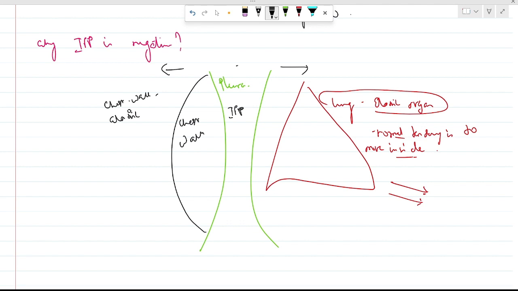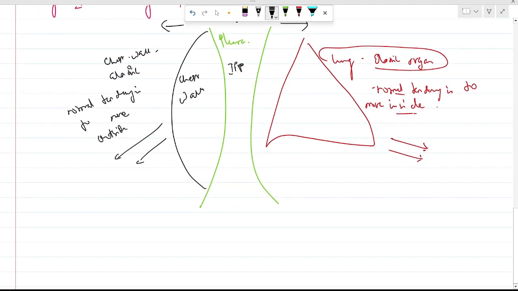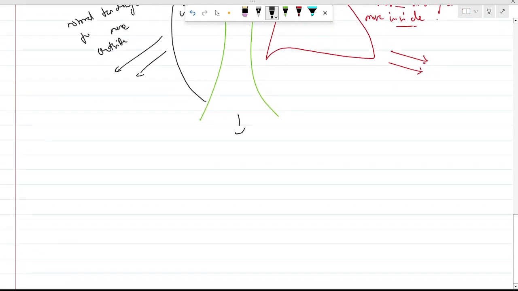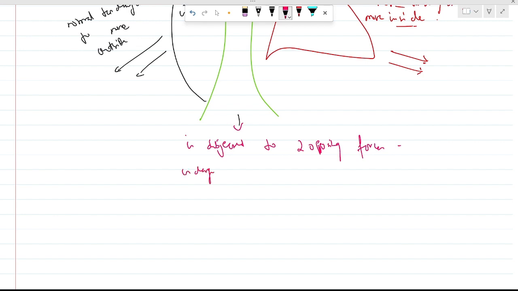Like the lungs, the chest wall is also elastic, and its normal tendency is to move outside, outwards. This is the direction. So now this pleura here, I will change the color. This pleura is subjected to two opposing forces in opposite directions, and it undergoes stretching.